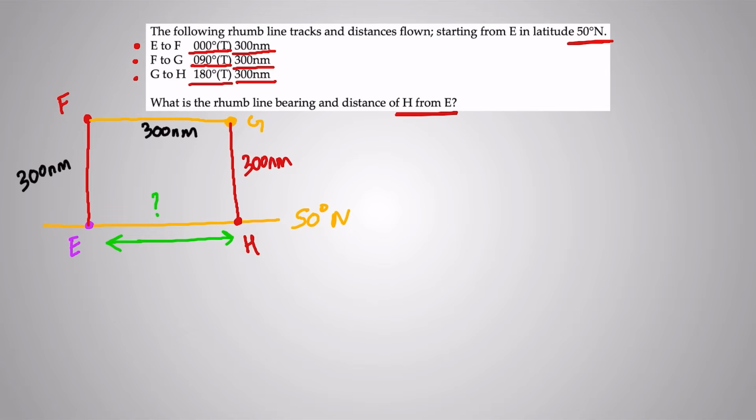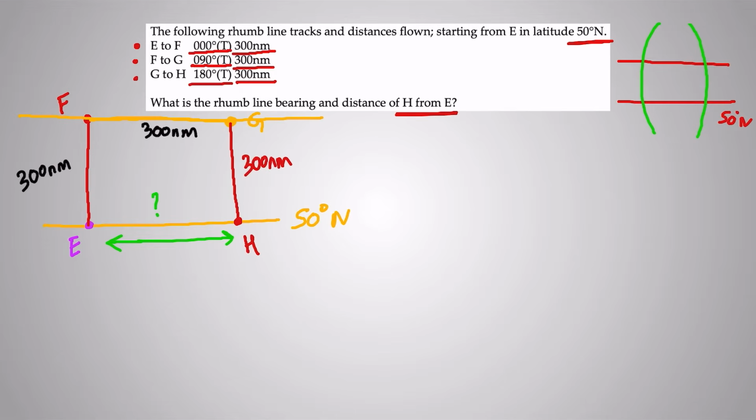So now looking at this diagram, I can say that I have 2 latitudes. One is 50 degree north, the other one is unknown. And I have 2 longitudes. Now this looks like a square, but it is actually something like this. So these are the 2 latitudes, this one's 50 degree north. And the 2 longitudes are actually something like this.